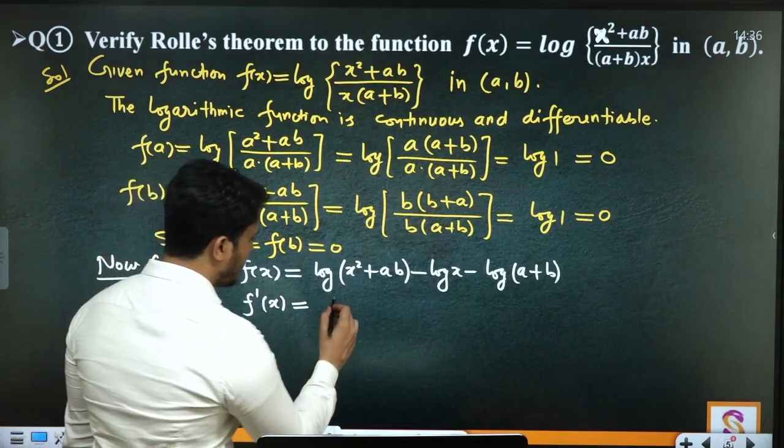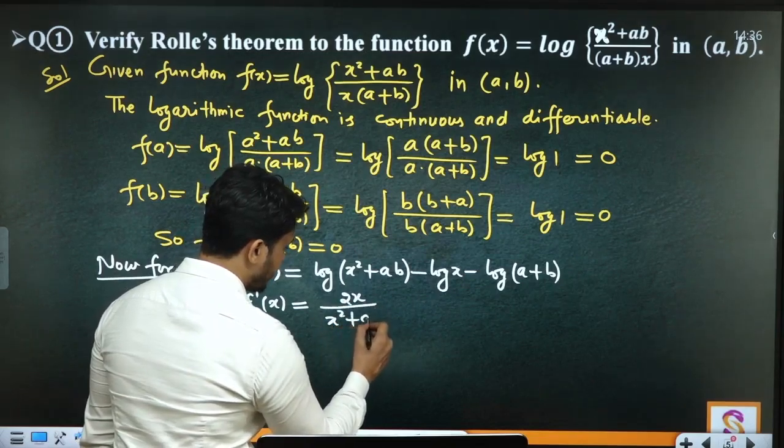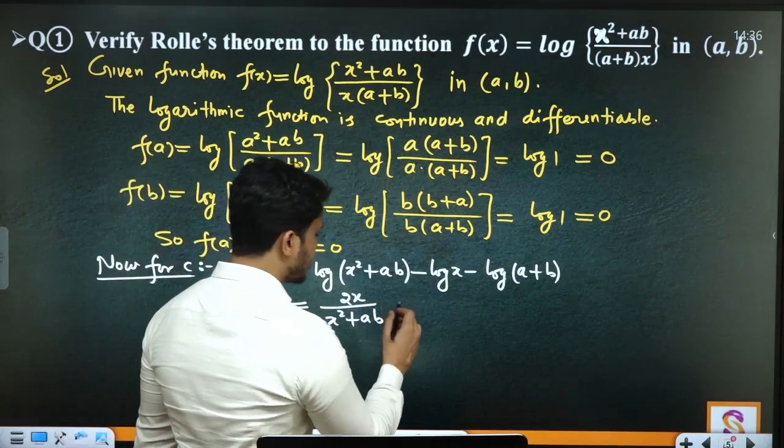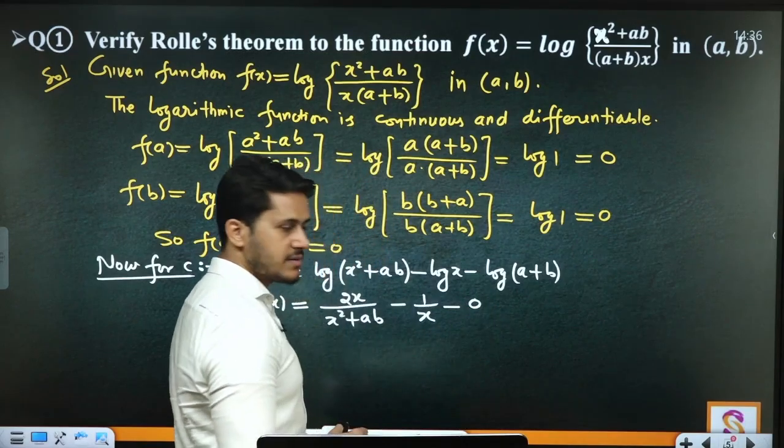इसको लिखेंगे तो क्या होगा, 2x upon x square plus ab, and next log x इसका होगा 1 by x.